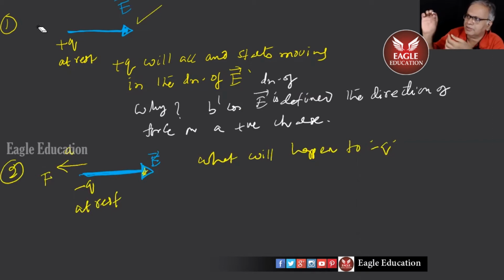I'll place it here. It starts moving this way, for example. Then I'll say that E is from here to there. Of course, I should know that it is a positively charged thing. If E was this way, it will accelerate that way. So without knowing where the source is, I can guess which way the particles move if I know the direction of E, for example.